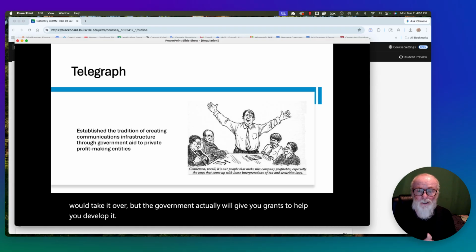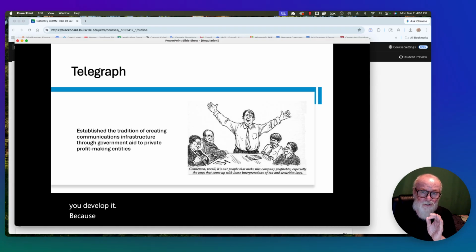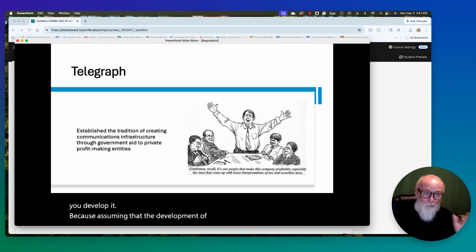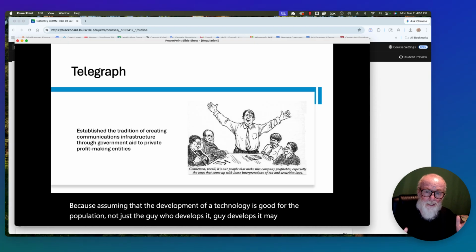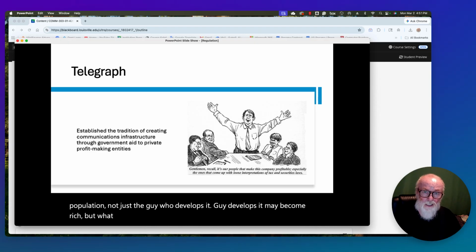Because assuming that the development of a technology is good for the population, not just the guy who develops it. The guy who develops it may become rich, but what he does with this helps a lot of other people.